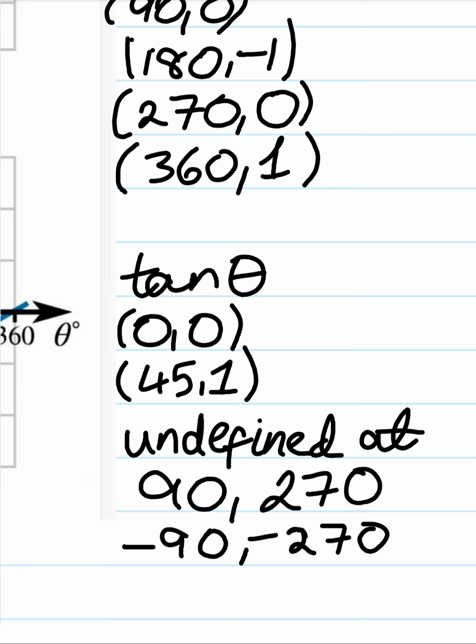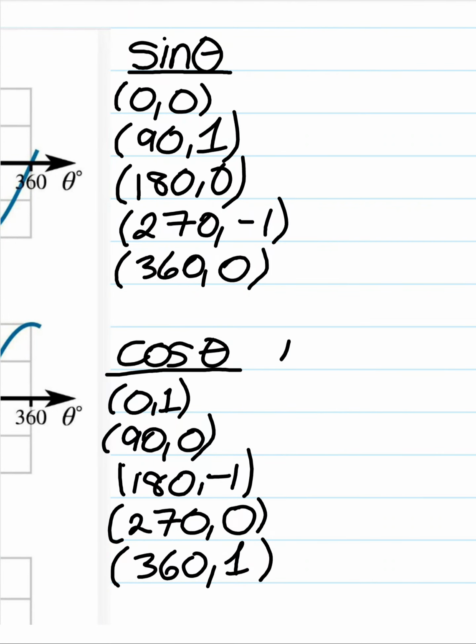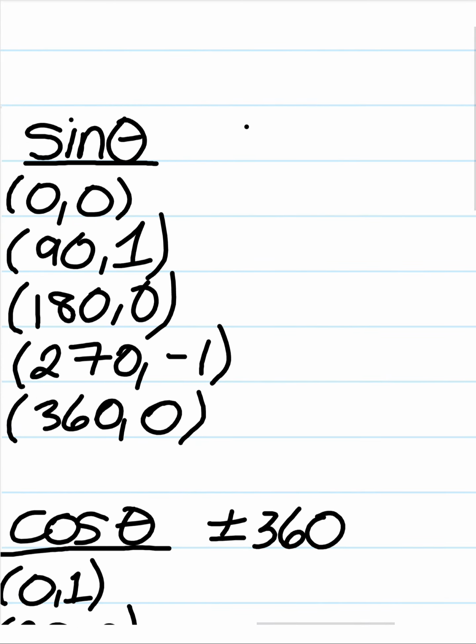This highlights that tan is periodic in nature by plus minus 180, whereas cos is plus minus 360 and sine is plus minus 360 as well.